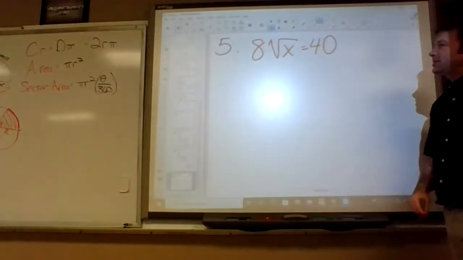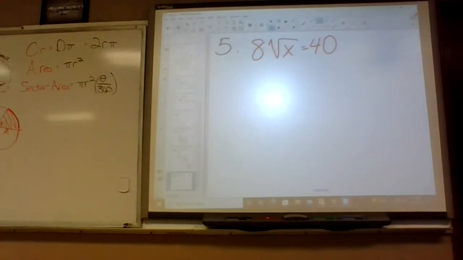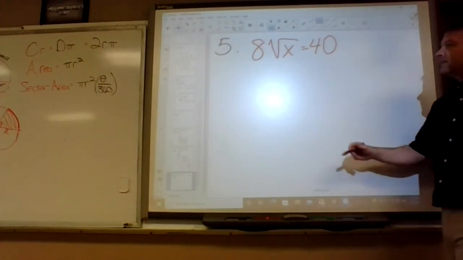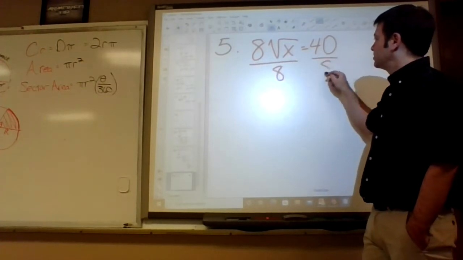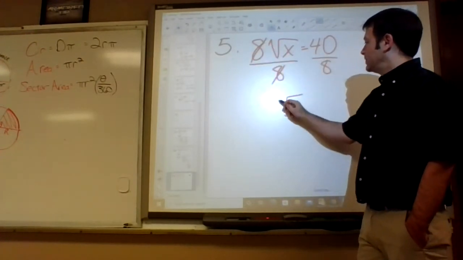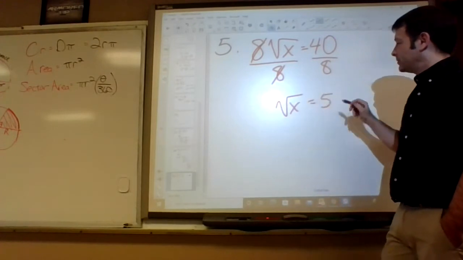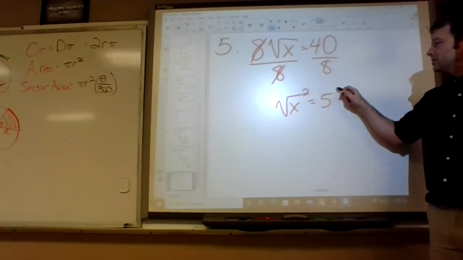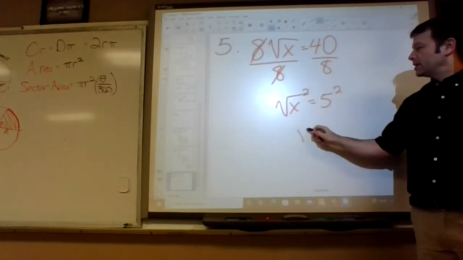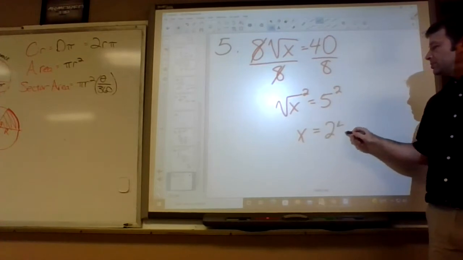So still trying to get x by itself. What do you guys think we should do first? Divide by 8, since 8 is multiplied to the square root. So I get square root of x equals 5. And how do I get rid of the square root? Square it. So x equals 25.